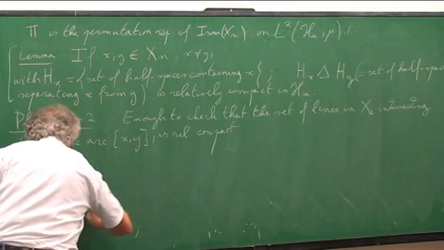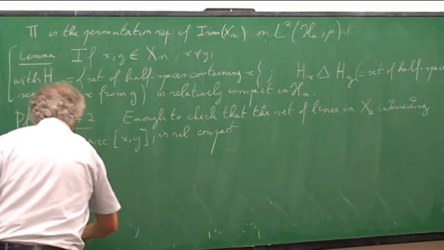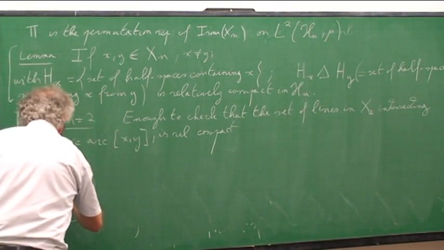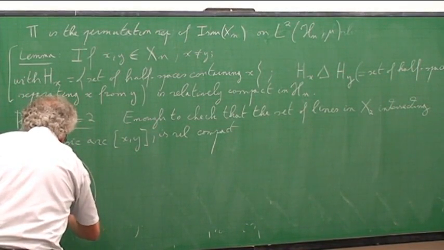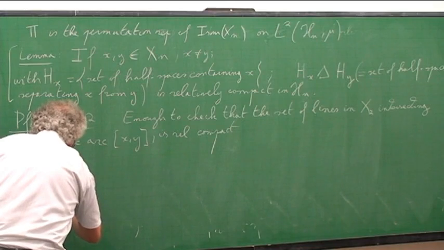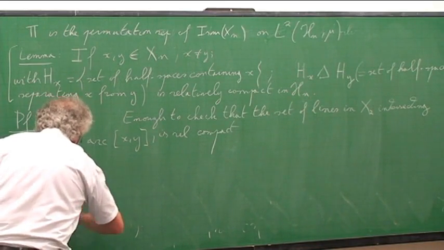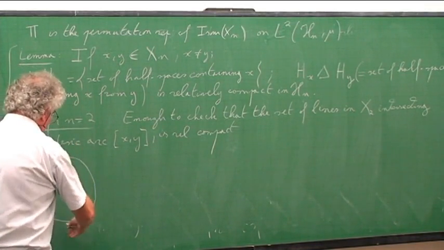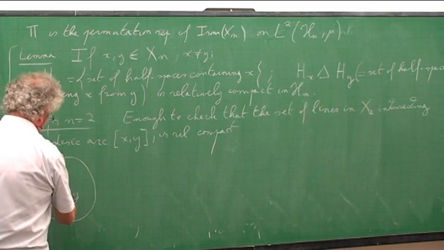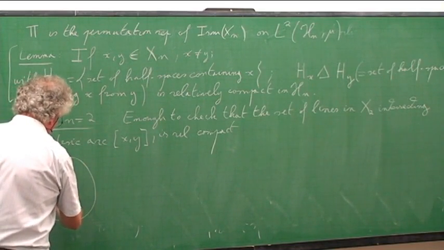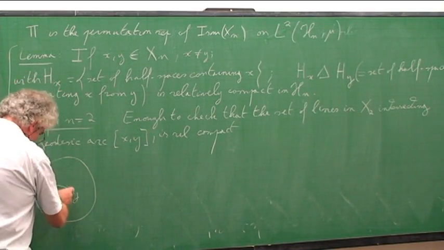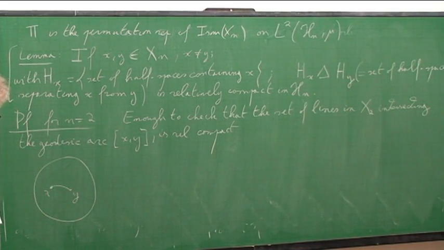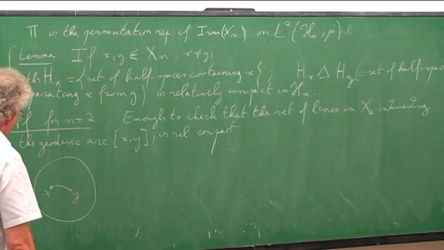So let me try to do a drawing in the disk model. I have 2 points, x and y, and I consider all hyperbolic lines which intersect that closed geodesic arc. I want to show that this set is relatively compact.